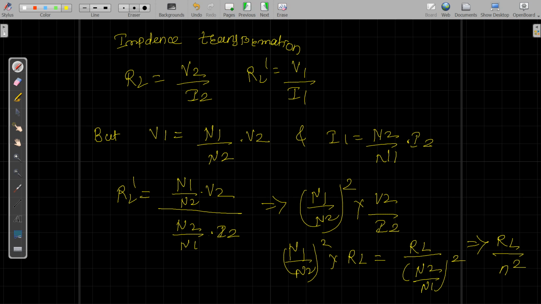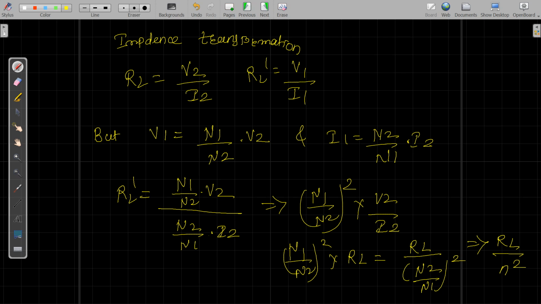Why am I doing so? Because I want to know the relationship between RL and RL dash, which value is more or less, are they equal? That's why I'm rearranging the equation, so that I come to know the relationship between the load connected, the reflected impedance, and the turns ratio.